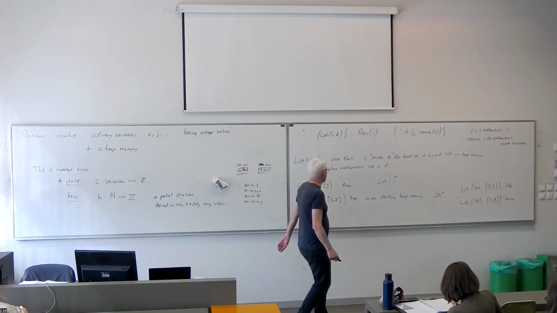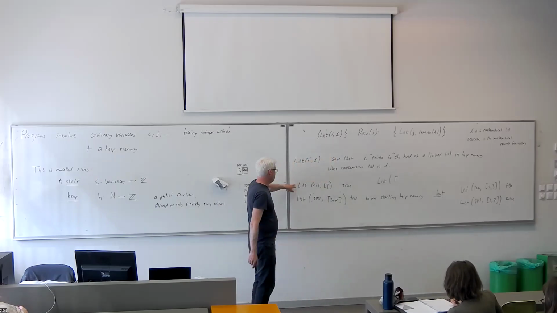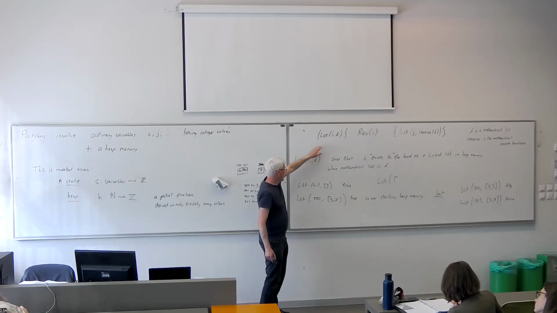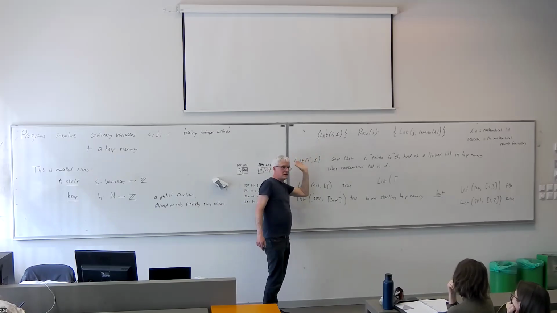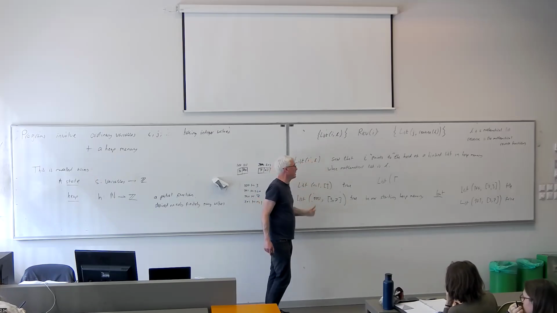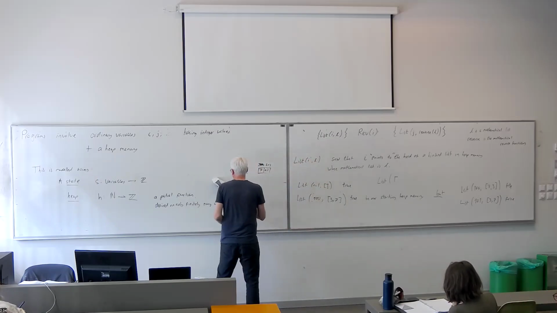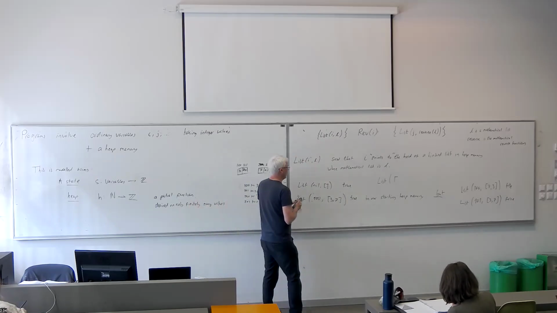Okay, is that clear? And then this predicate list, and indeed any predicate, any property will be true or false, depending on the current state and heap.